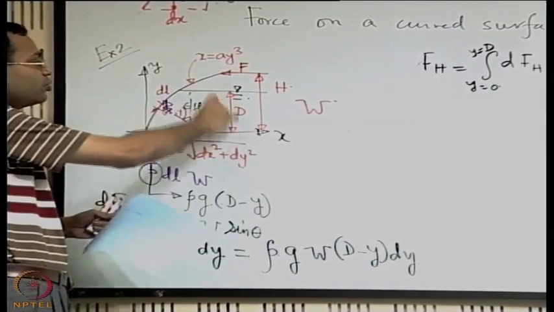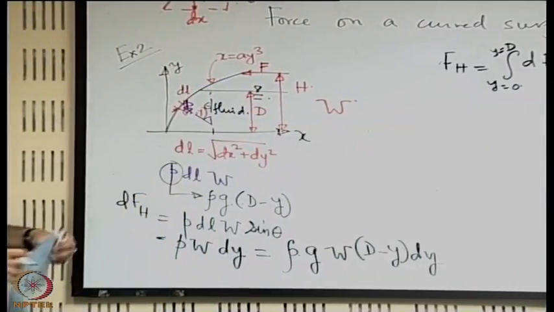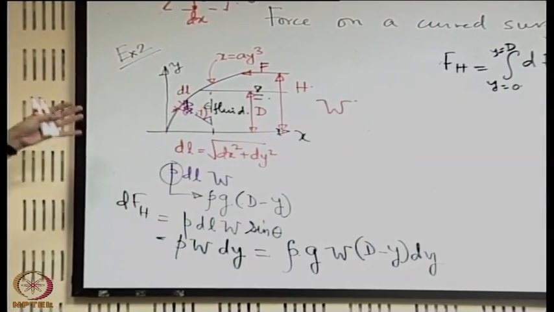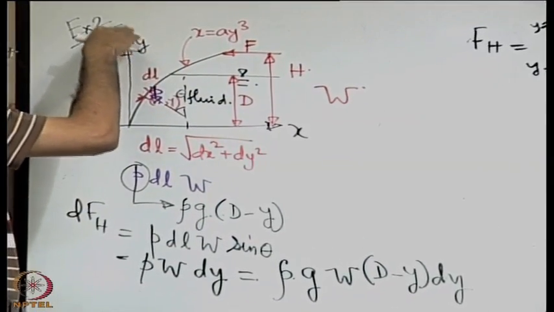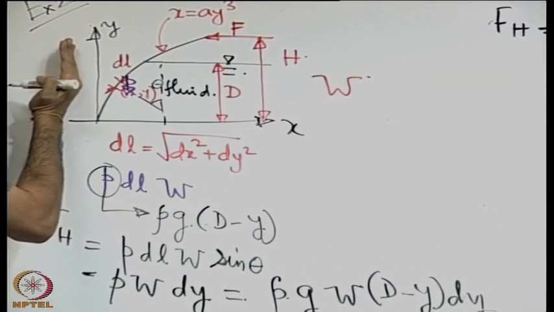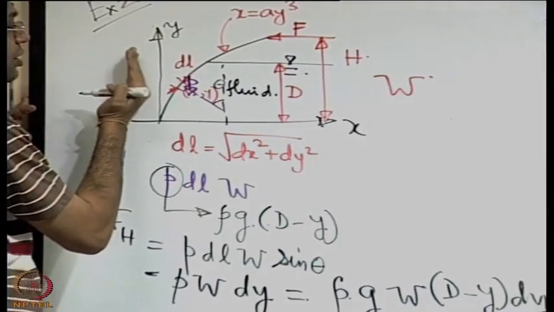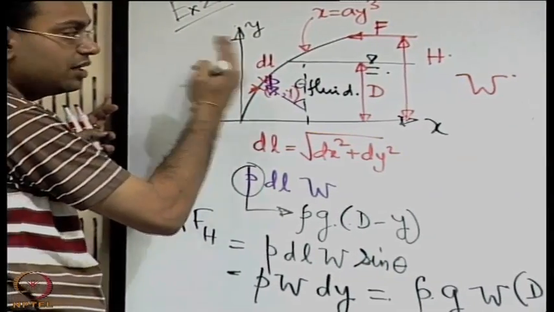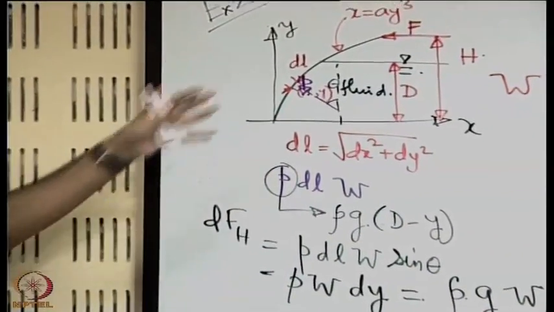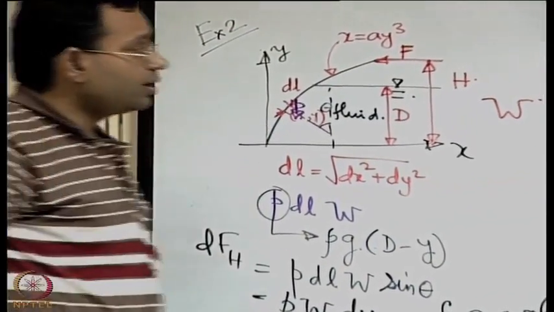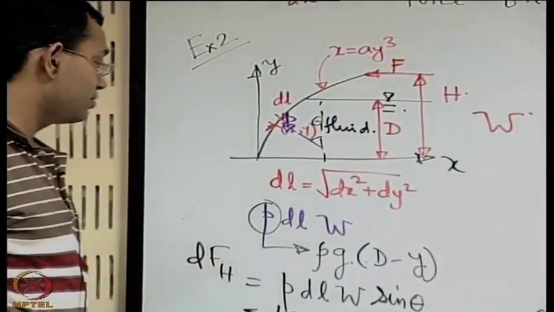So you just require to know the extent of the depth, and you can verify that this will be nothing but the projection of the surface on a vertical plane, and the same horizontal component of force will come out with that exercise. What about the vertical component of the force?